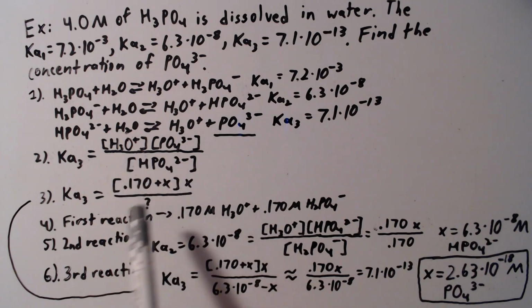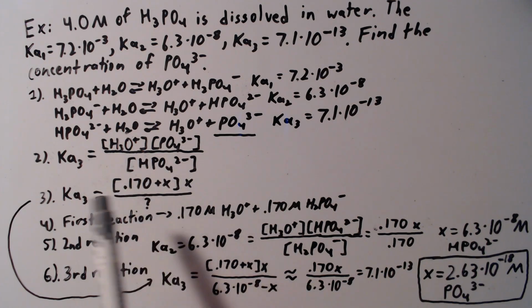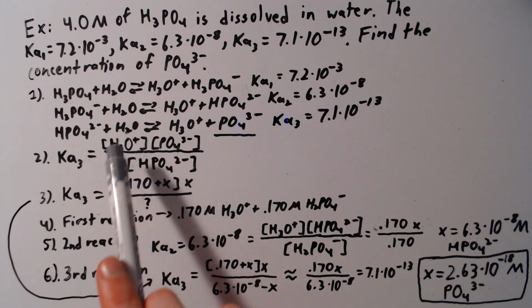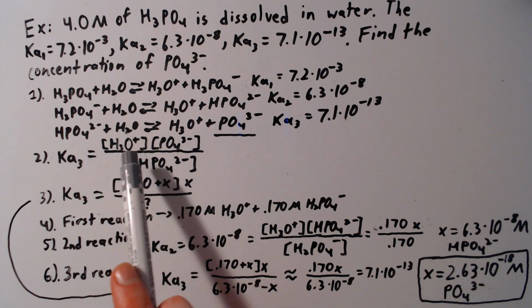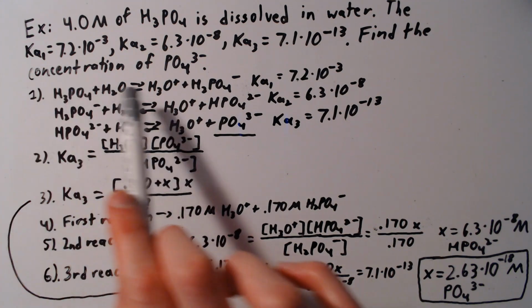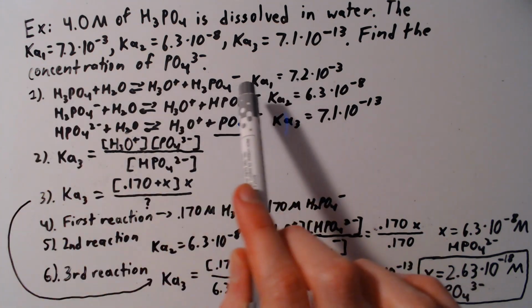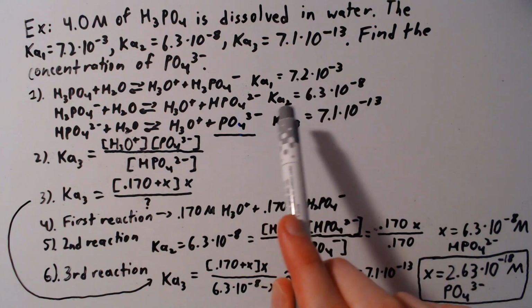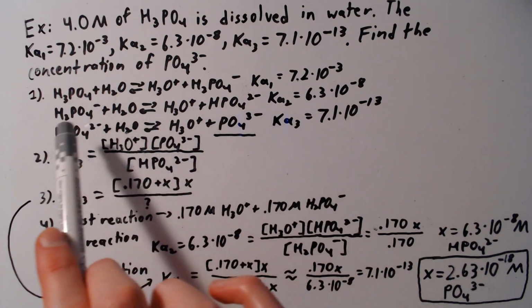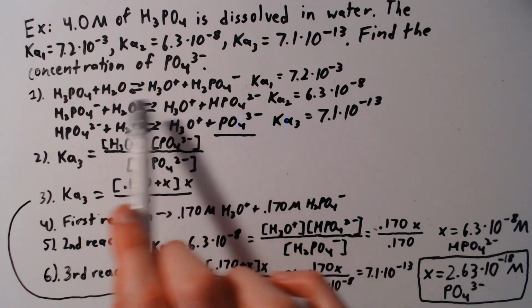At least we know some of the initials. From the previous problem, we know that the concentration of H3O+ that matters is only produced by the first reaction, because Ka1 is so much larger than Ka2 and Ka3 that these two other ones don't really matter when influencing the concentration of H3O+.